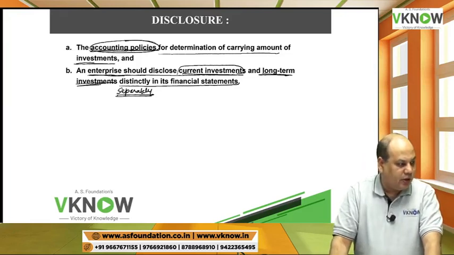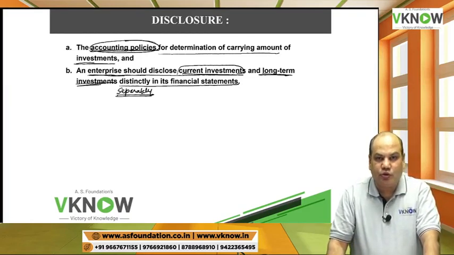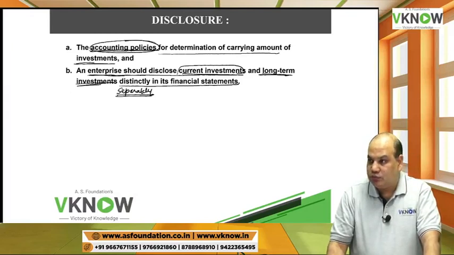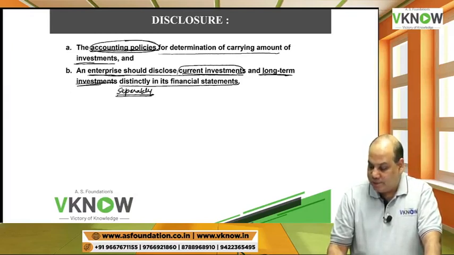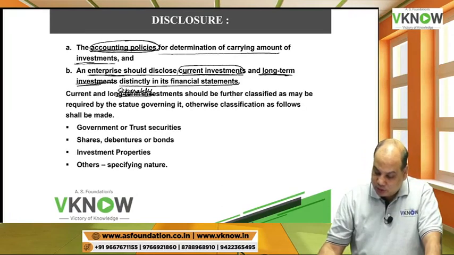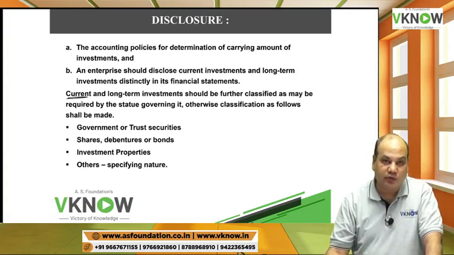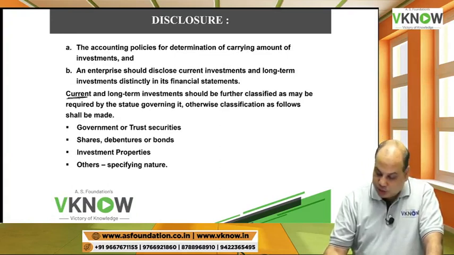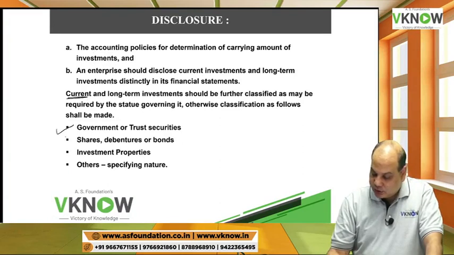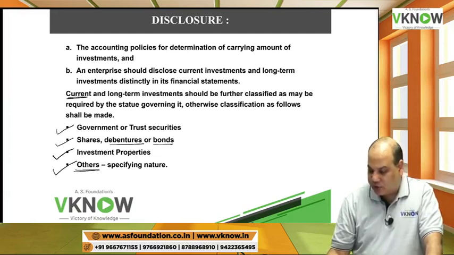Company should separately show investment in long term investment and investment in current investment. Then you have to give the further classification of current and long term investment. Some companies will invest in government and trust securities, shares, debentures, bond, investment property and any other investment.